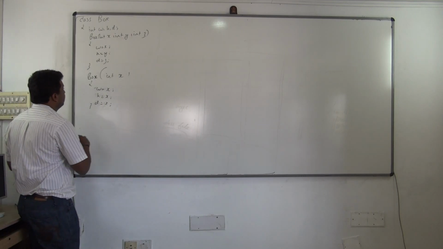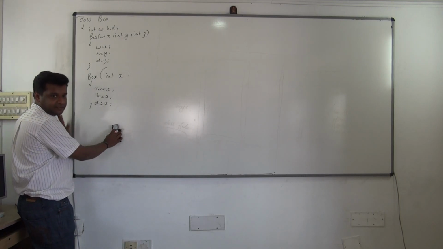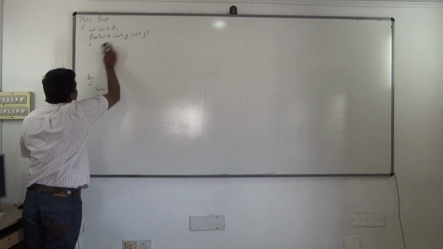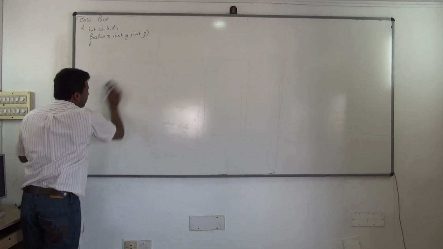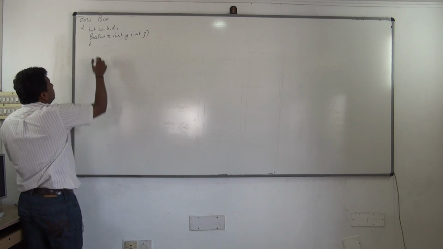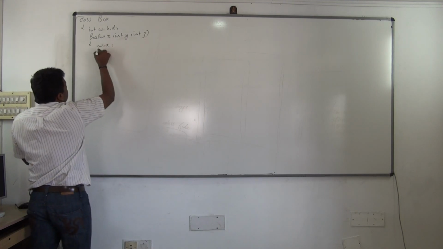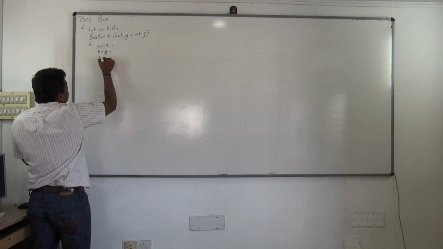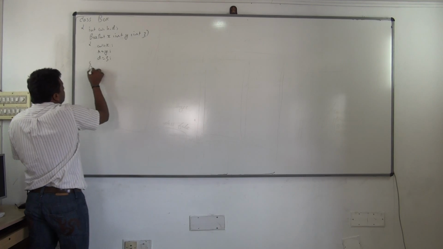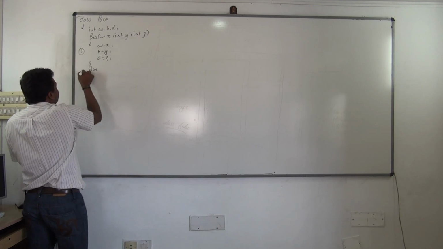You can have your volume method. One second, I need space. What I have written is correct, I'll just clear it and write again, because I need space. I'll be adding more constructors. This is one constructor, this is the second constructor now.